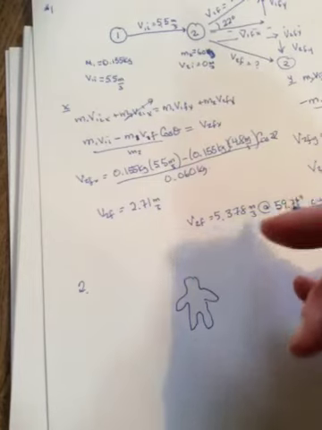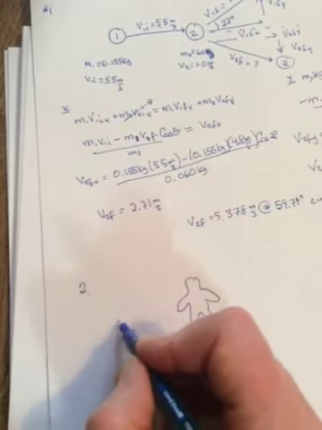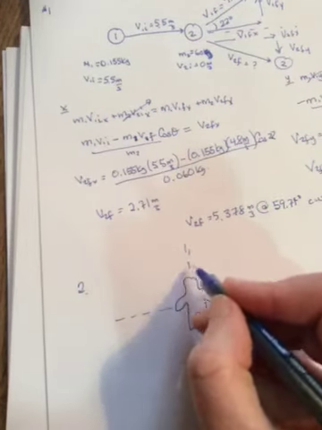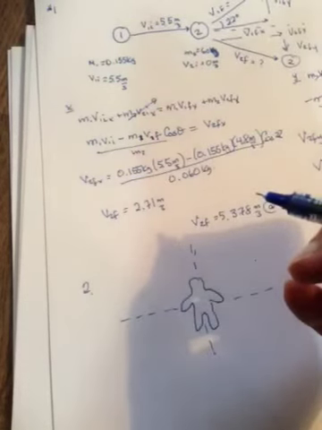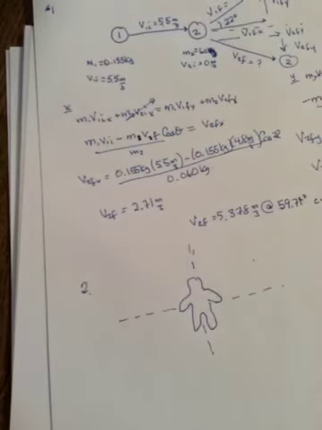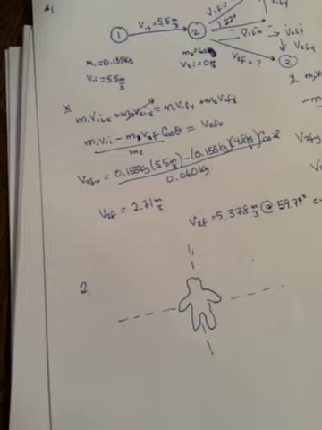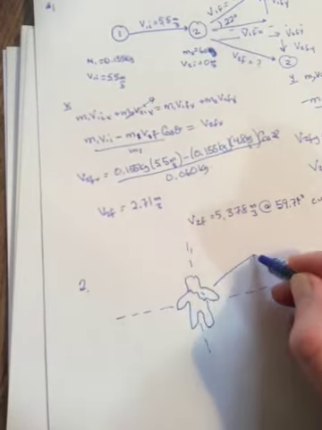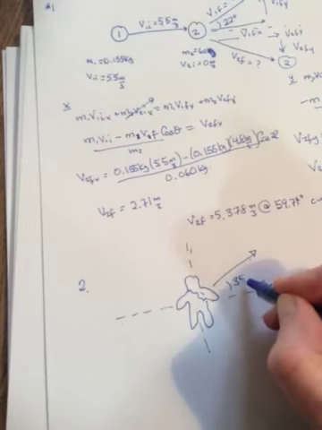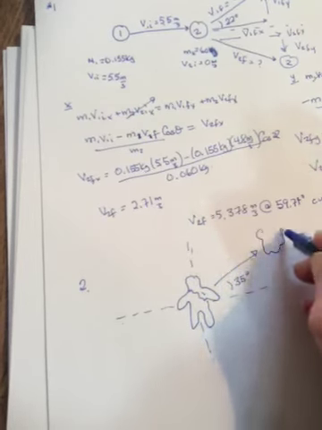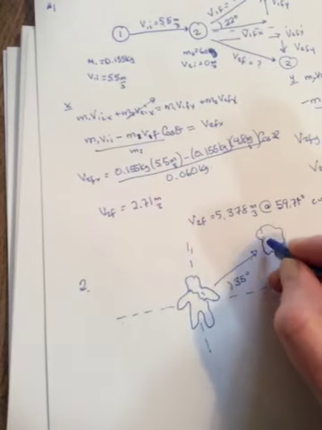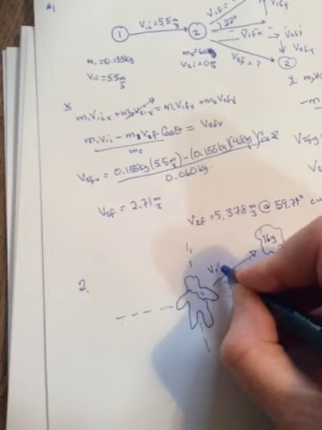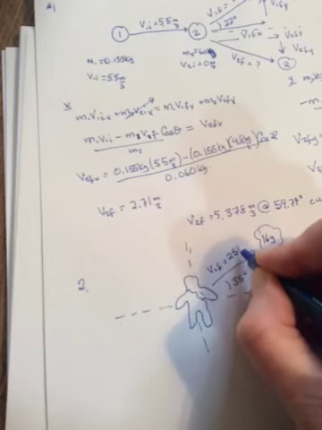A 16-gram piece is thrown off at an angle of 35 degrees counterclockwise with the positive x. That's up this way. So here's piece 1 going this way, angle of 35 degrees. Piece 1 has a mass of 16 grams, and a velocity, v1, and remember it's a final, 25 meters per second.